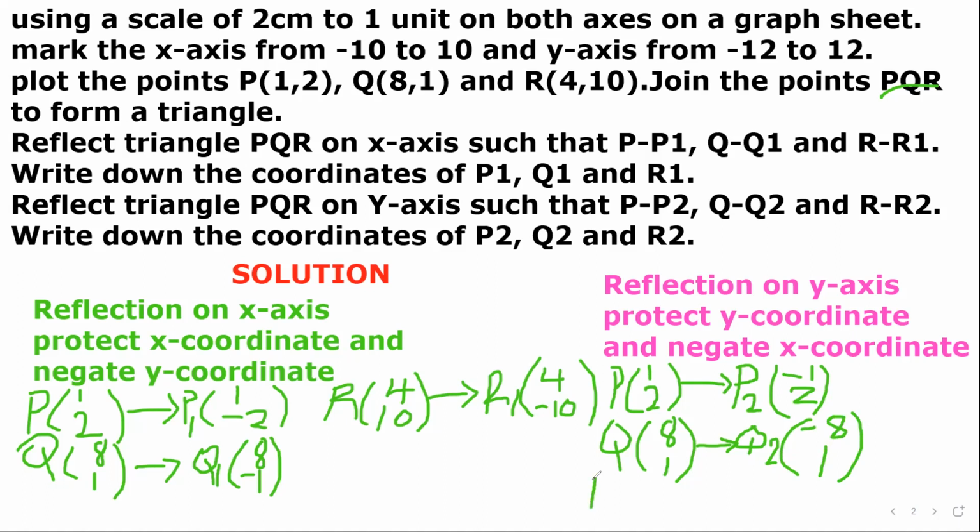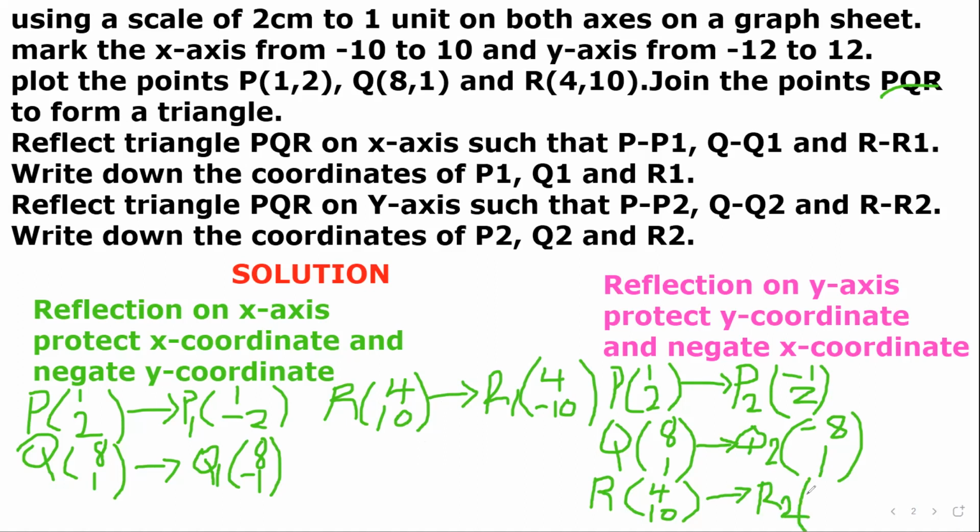Point R, when point R here is 4 and 10, and when 4 and 10 is reflected on y-axis, we protect all the y coordinates, and then we negate the x coordinates. That is directly opposite to the reflection on x-axis, okay?